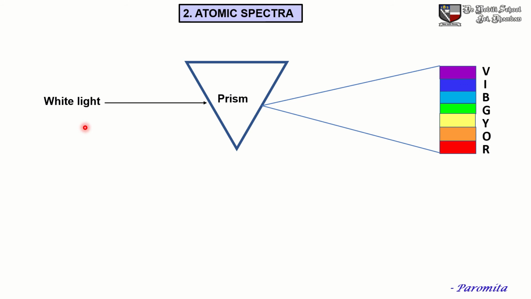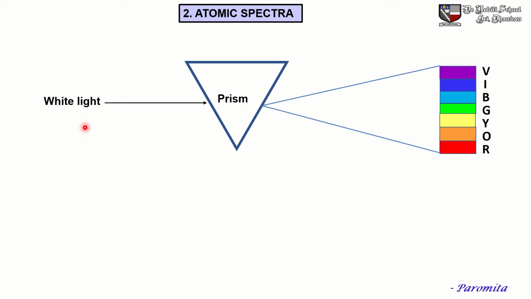What is a spectrometer? It is an instrument that indicates the wavelengths or frequencies of individual components of a radiation. So, the spectrum of white light, when analyzed by a spectrometer, is a continuous spectrum, suggesting that white light is made up of all possible wavelengths or frequencies of radiations.